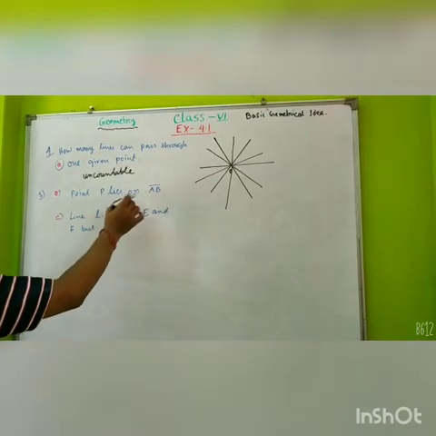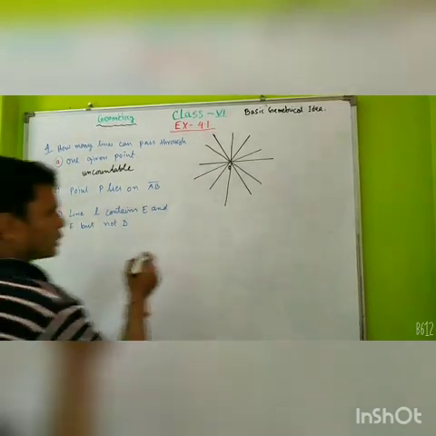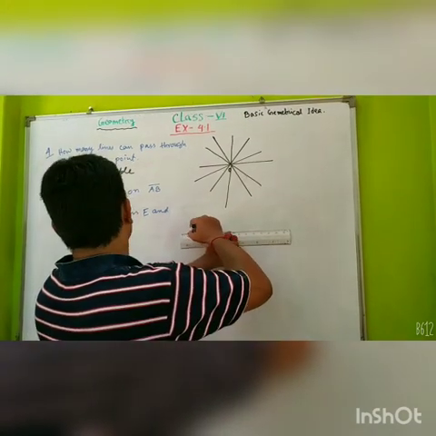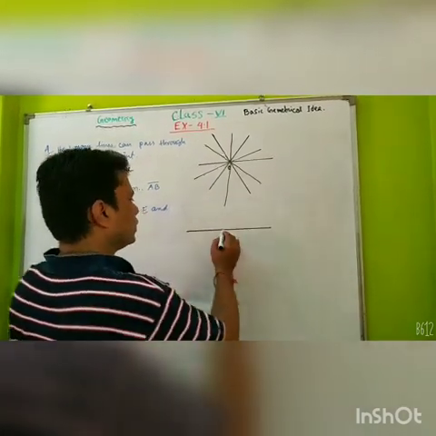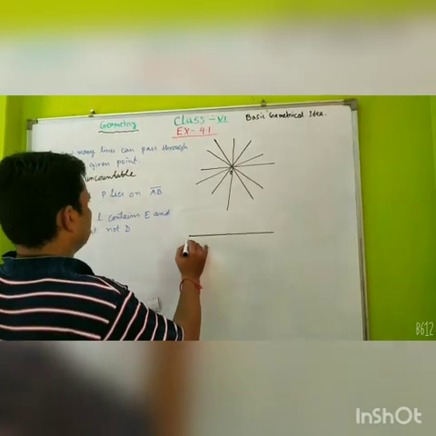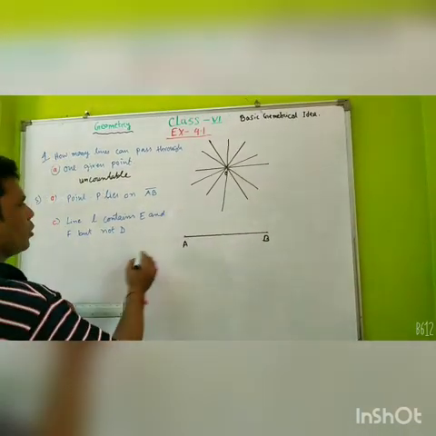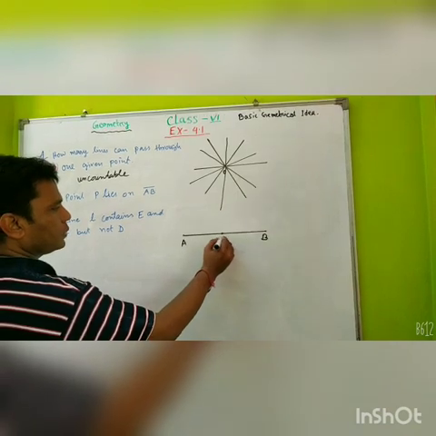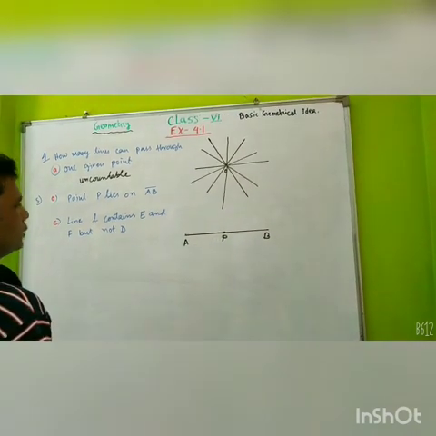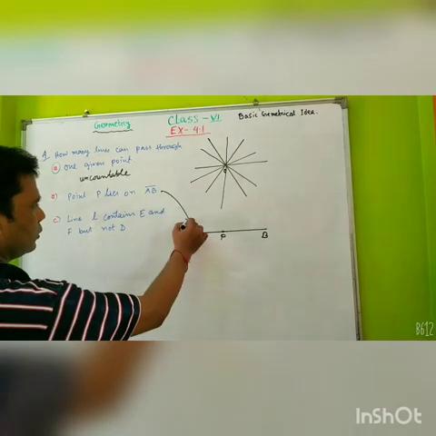Next, point P lies on AB. Draw a structure. Suppose this is a line AB, and suppose this is a point P that lies on it. Draw this one. Okay.